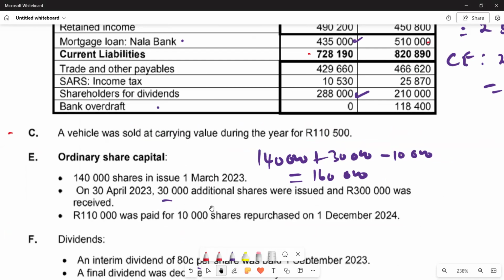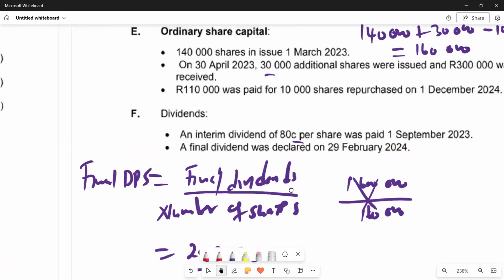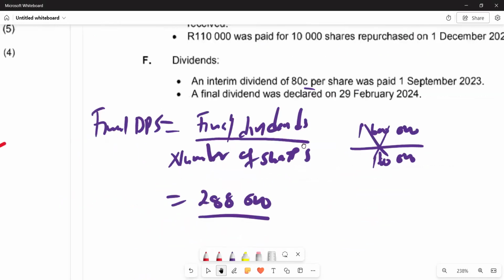So we are going to say 288,000. We divide by the number of shares that we are having at the end of the year that we've just calculated there. And we got 160,000. We said 140,000 at the beginning plus 30,000 additional minus 10,000 that were repurchased to get 160,000. So those are the shares that we have at the end.